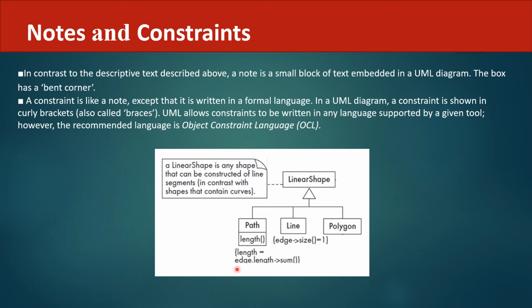A constraint is like a note, except that it's written in a formal language. In a UML diagram, a constraint is shown in curly brackets. UML allows constraints to be written in any language supported by a given tool. However, the recommended language is OCL, the Object Constraint Language.